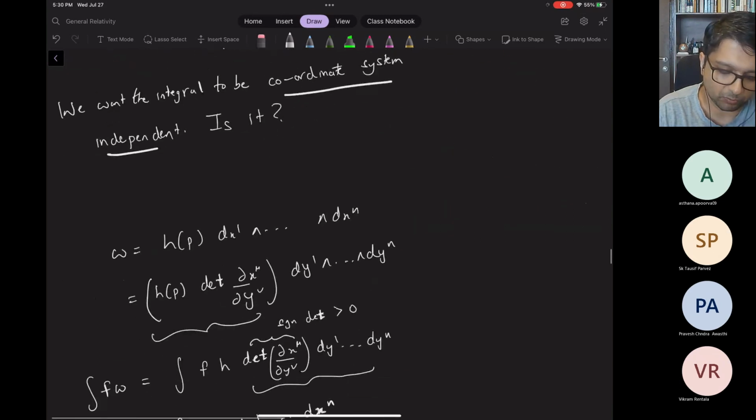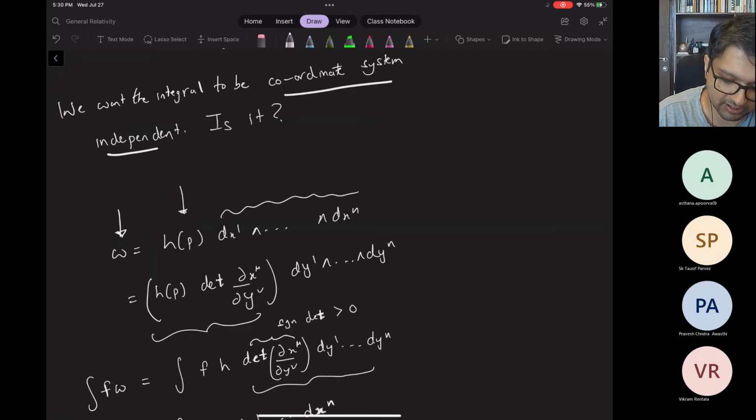What happens to omega under a change of coordinates? Omega we've seen is h of p times dx1 wedge dot dot dot wedge dxn.